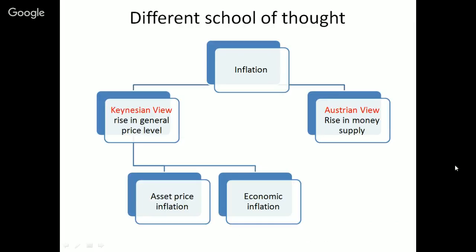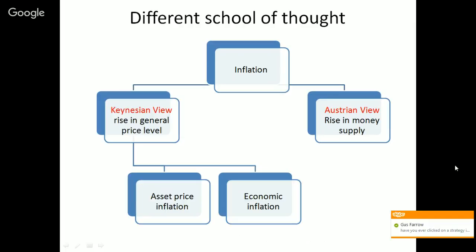The Keynesian view is being taught across the globe in every business school or commerce textbook for a simple reason: Keynesian economics is inflationary in nature, and it helps governments to expand their own structure.